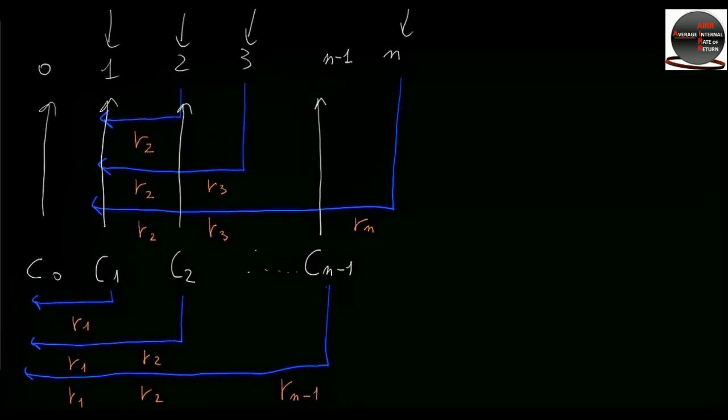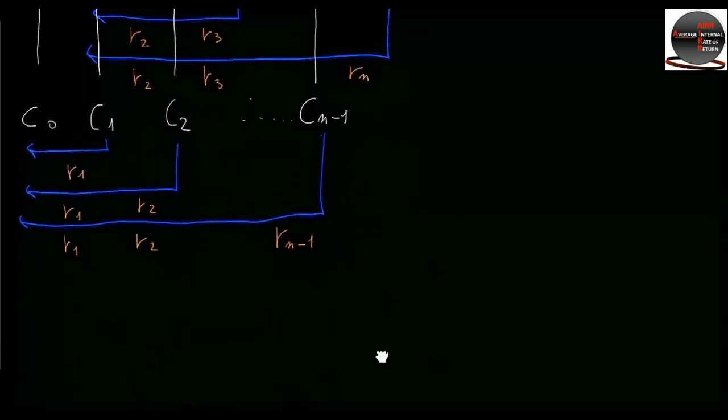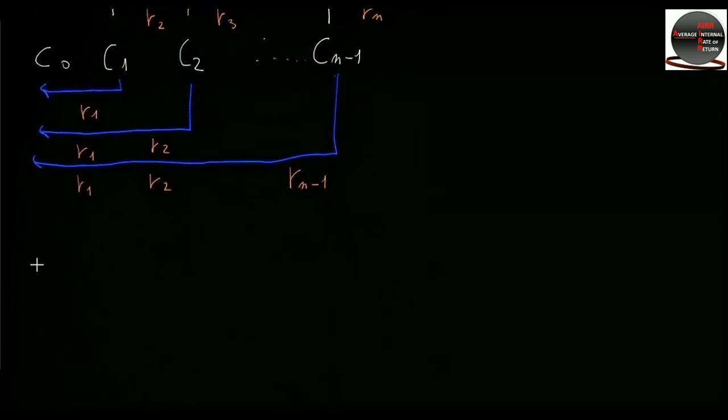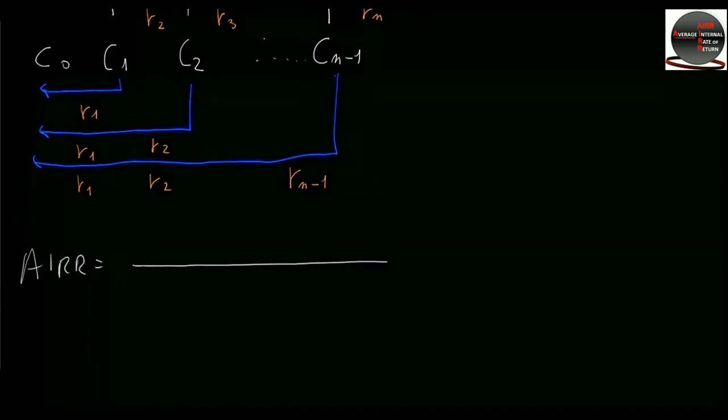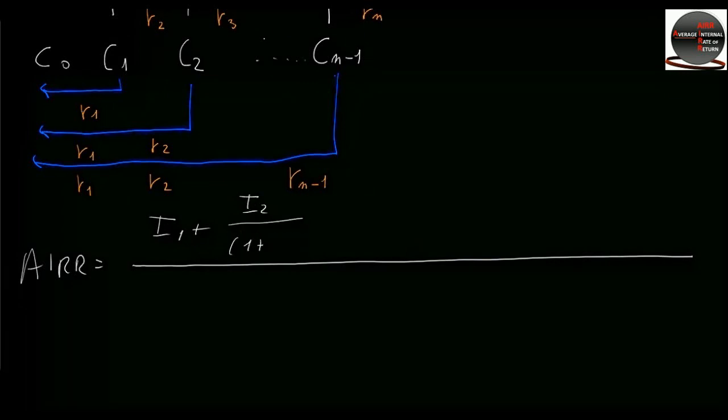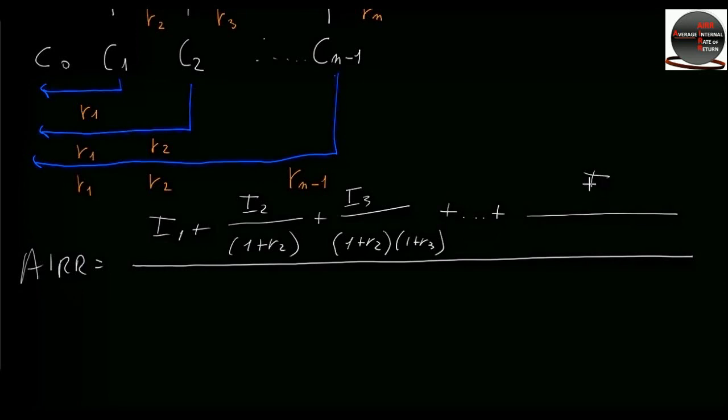So let us write the whole formula. We have ARR, a long horizontal bar, first income plus second income discounted from time 2 to time 1, third income discounted from time 3 to time 1, and so on until the last income is discounted from time n to time 1.